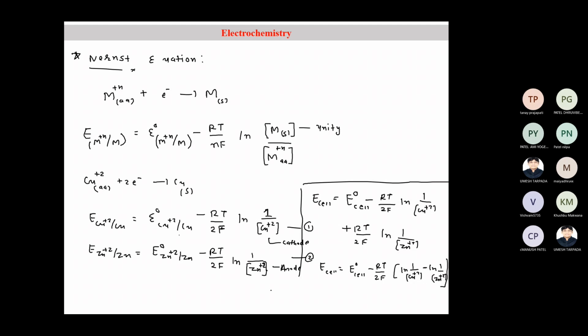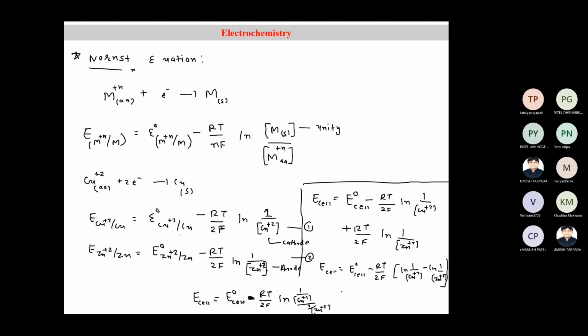And you know that subtraction is there, so in logarithm form it becomes division. Minus RT upon 2F ln of 1 upon copper plus 2 divided by 1 upon Zn plus 2.